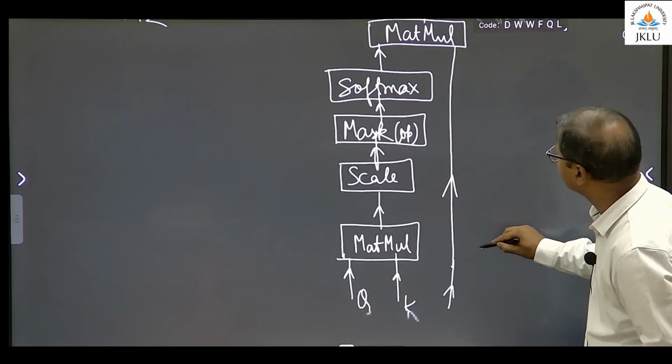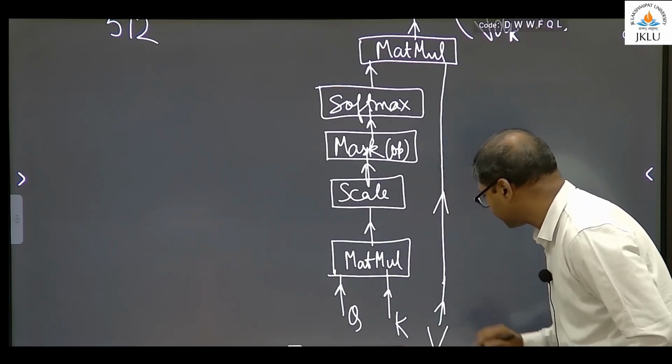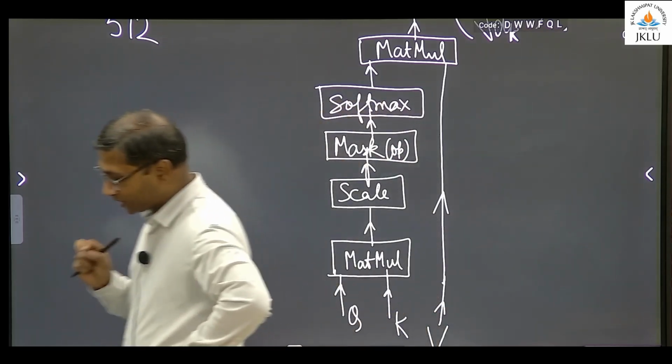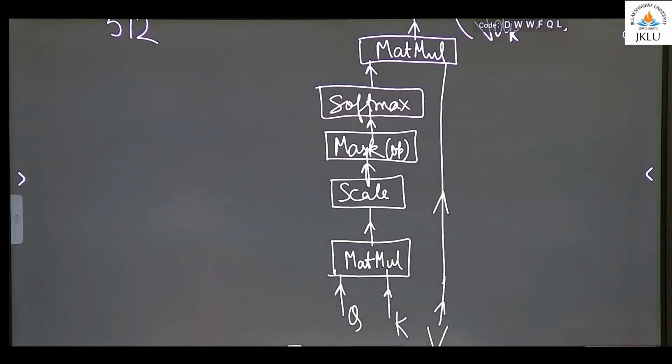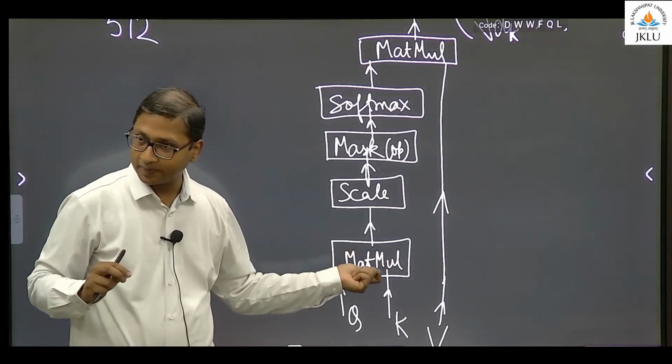So let us just understand this one, right? What are these operations? What are QKV? Don't ask me right now, I will tell that to you, but whatever QKV are, what happens next? Matrix multiplication, right?